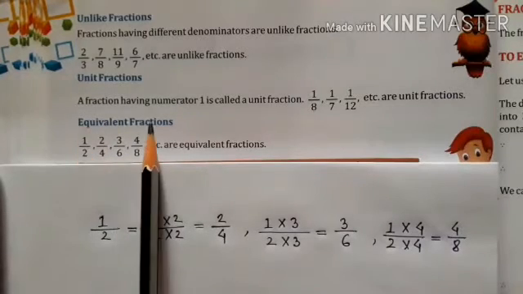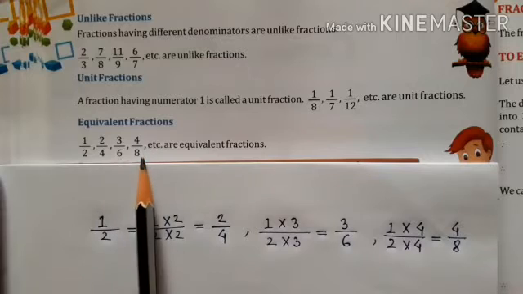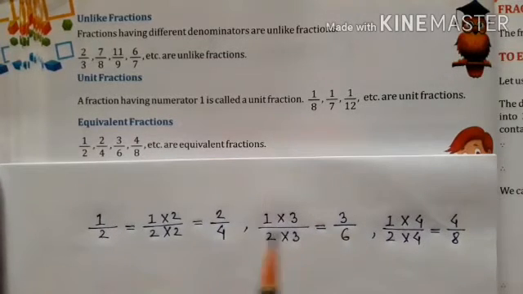Next, equivalent fractions. Here 1 by 2, 2 by 4, 3 by 6, 4 by 8, etc. are equivalent fractions. Look here, students. If we multiply both numerator and denominator by the same number, we get equivalent fractions. Here we multiply numerator 1 and denominator 2 by the same number 2. Then we get 1 into 2 equal to 2 and 2 into 2 equal to 4, so 2 by 4.